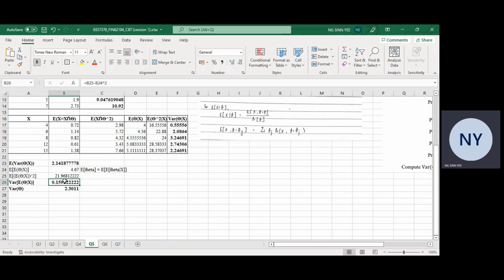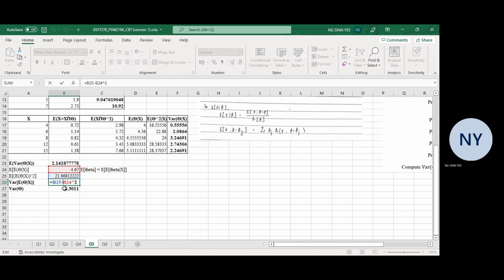And after all, we would be getting the variance of the expected value of data if given X by subtracting the square of the expected value of data if given X from the expected value of E[data|X] squared.